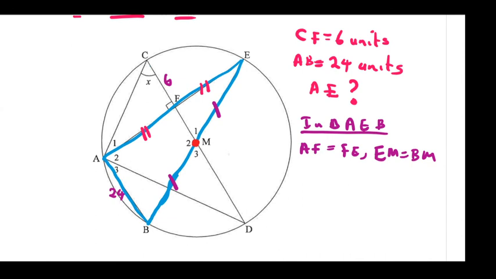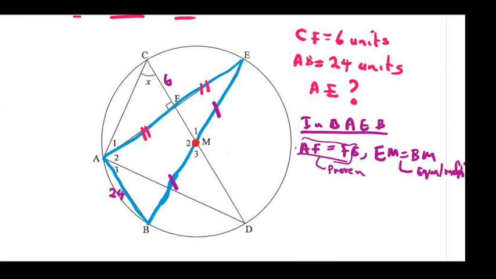So you can specify the reasons. This one you can say equal radii, right? And then this one here, you can just say proven. We've proven this in the previous question, right? You can just say proven.